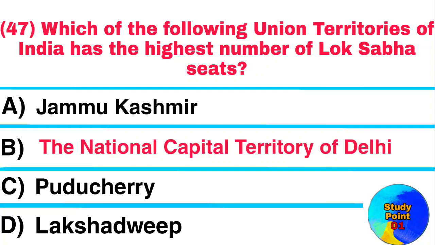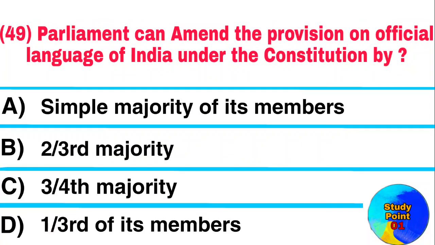Answer. The National Capital Territory of Delhi. Question. Parliament can amend the provision on official language of India under the Constitution by A. Simple majority of its members. B. 2/3 majority. C. 3/4 majority. D. 1/3 of its members. Answer. Simple majority of its members.